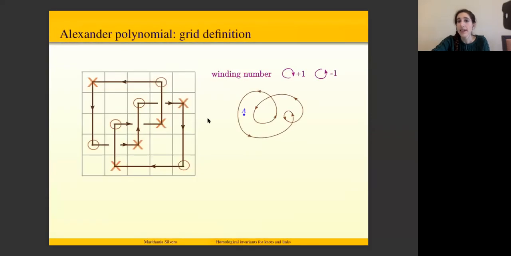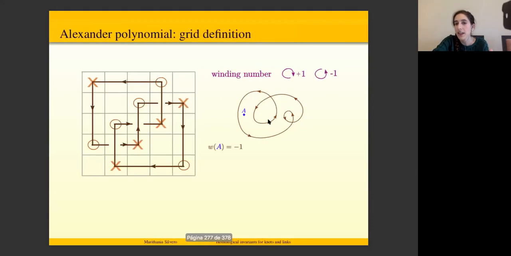So we need to define the winding number. If we have a closed curve in the plane, okay, and we choose a point, then the winding number of this point, according to this curve, is: you just count 1 each time the curve goes around the point clockwise, and -1 for each time that the curve goes around the point counterclockwise.